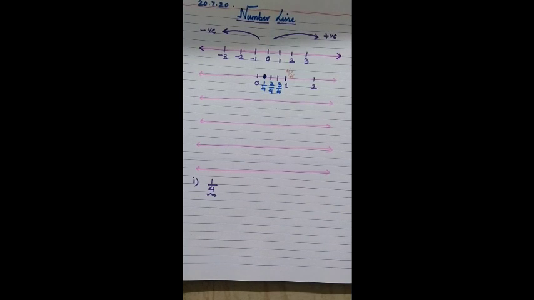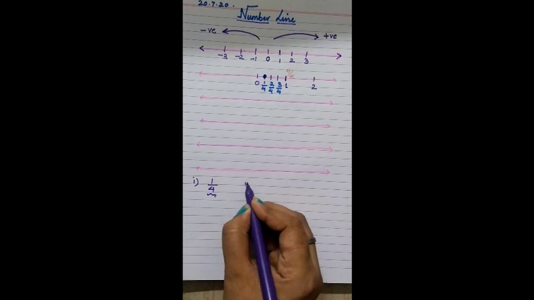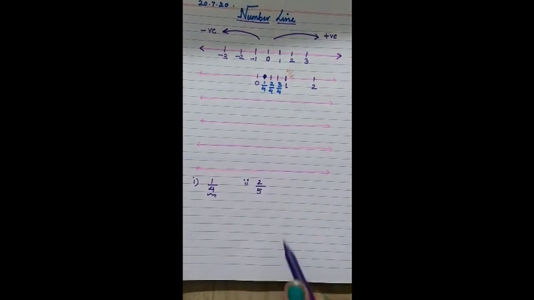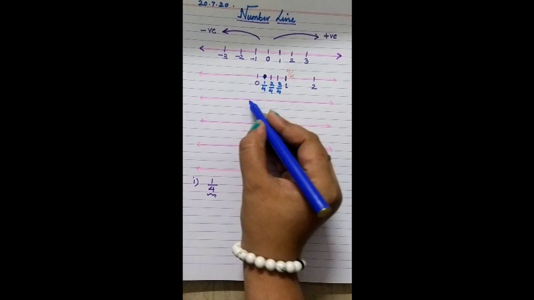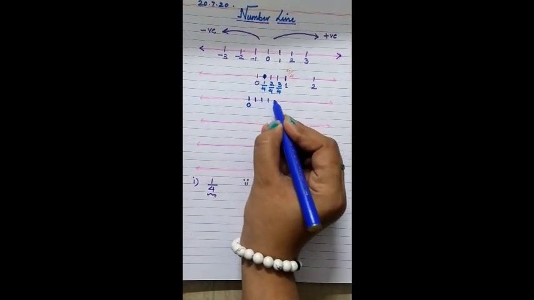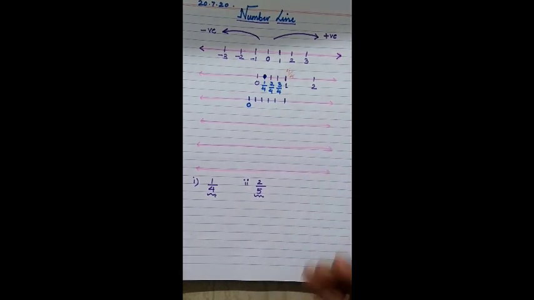In the second bit we have 2 by 5, children. As I told you, we are going to check the denominator. We have 5 in the denominator. So I am going to divide it into 5 equal parts. 0, 1, 2, 3, 4 and 5. Okay, children, with equal intervals.